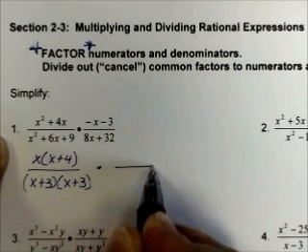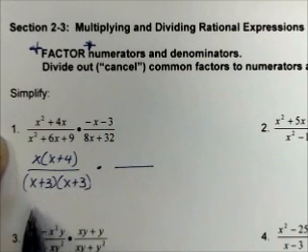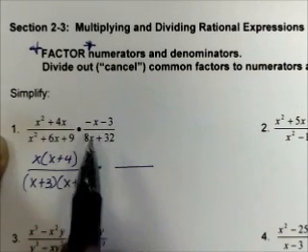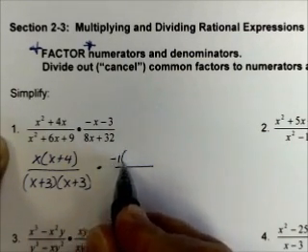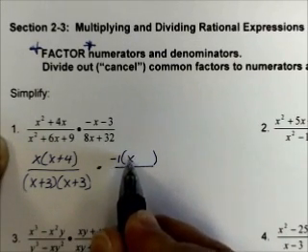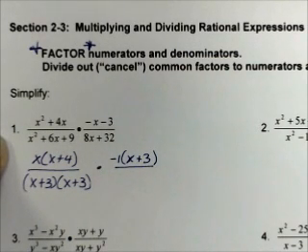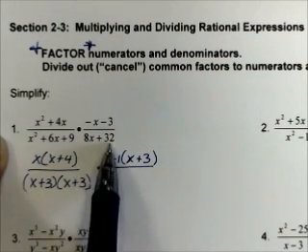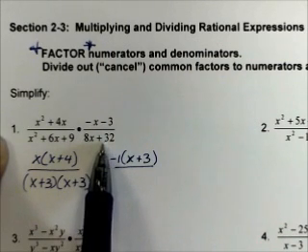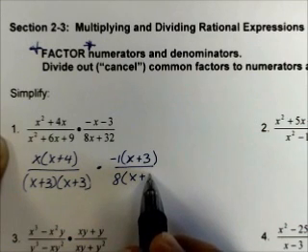Times negative x minus 3. I think I'm going to pull out negative 1, right? Negative 1 is common to both those terms, so if I factor out negative 1, we have x plus 3 for our other factor. And our denominator has a GCF of 8 times (x plus 4).